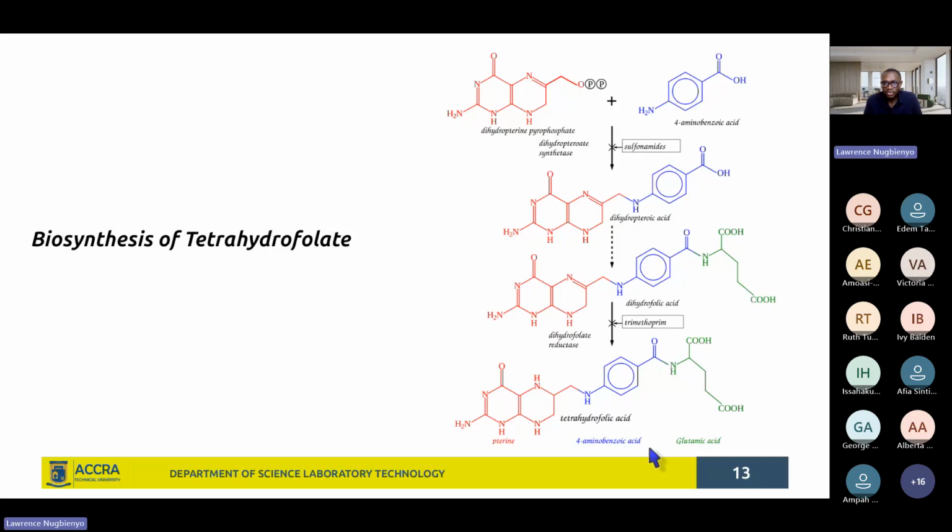And we see you have a first reaction where you have dihydropterin pyrophosphate reacting with 4-aminobenzoic acid to give you dihydropteroic acid. Really, what is happening? You are just having a conjugation of these 2. It's even convenient that we can see this part is red, and the 4-aminobenzoic acid is blue. So you can see that the 2 molecules just joined, what is referred to as a conjugation reaction.